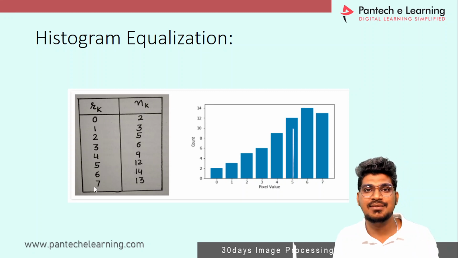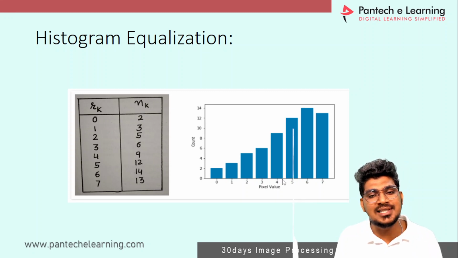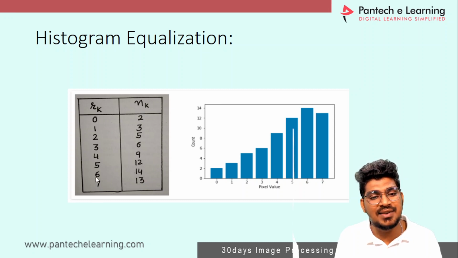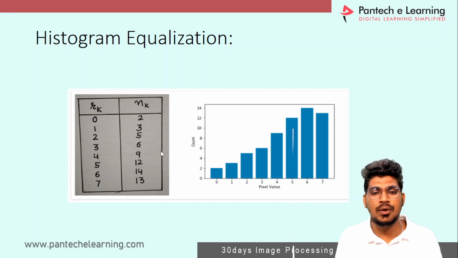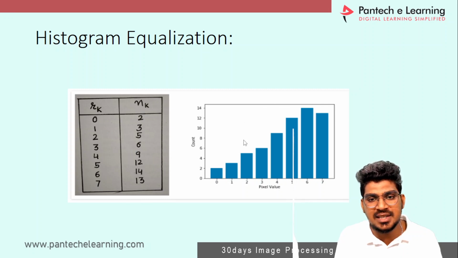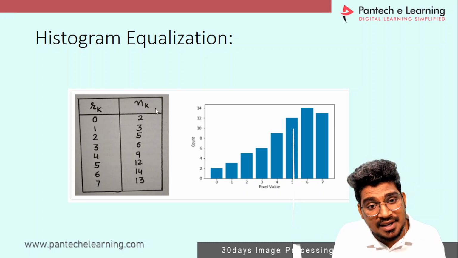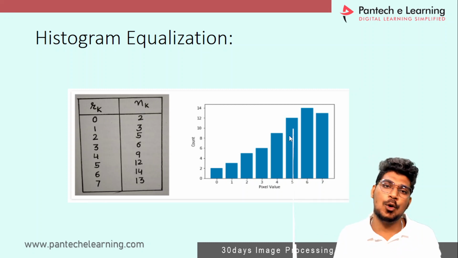What about the pixels? That is 2, 3, 5, 6, 9, 12 and 14. The highest gray level is 7. So you should compare this: 0 has 2. See, this value is taken from this plotting. Clear, no? This value is taken from this plotting.